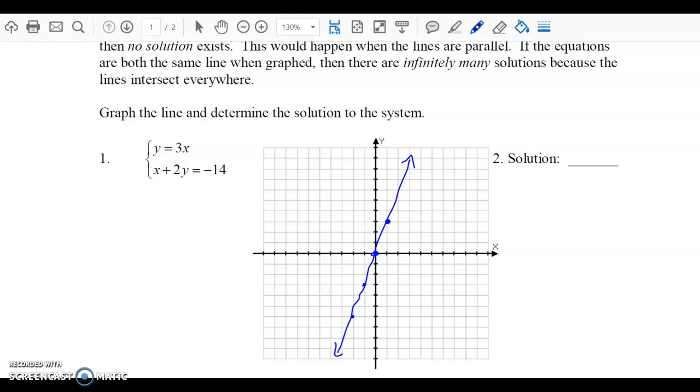Now we're also going to graph x plus 2y equals negative 14. I prefer to go ahead and put this in slope-intercept form and divide by 2 so that we know our slope is negative 1/2 and our y-intercept is going to be negative 7. Okay, so we go to negative 7.